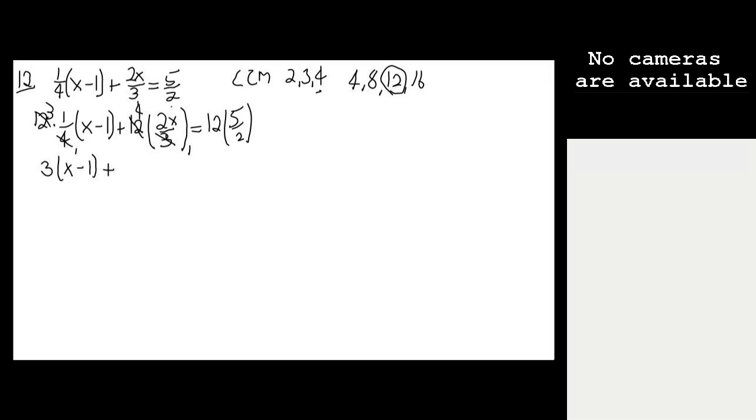x is equal to 14 over 5. And there we solved it.